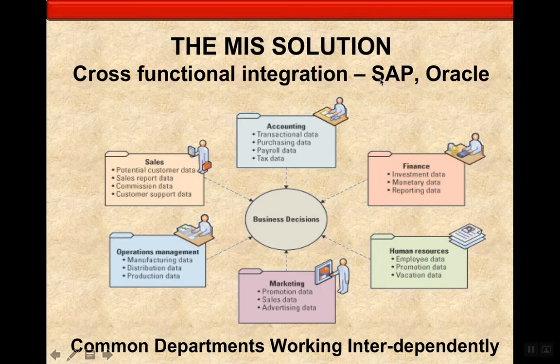The more noteworthy ones are SAP and Oracle. There are other ones out there with different capabilities, maybe focused in certain areas. But this MIS solution is a common set of systems that every organization uses, tying all these things together.